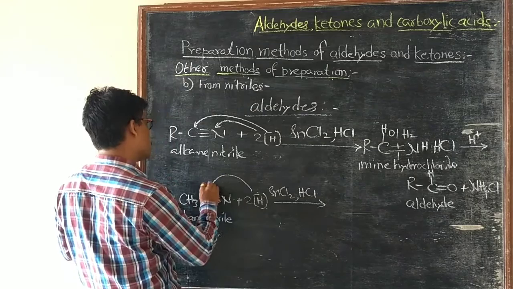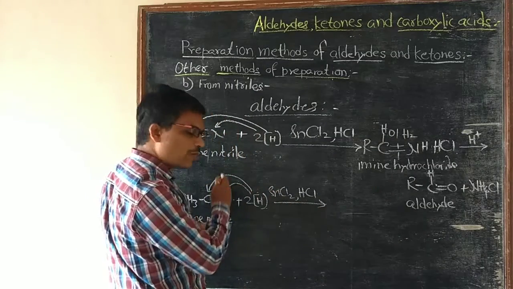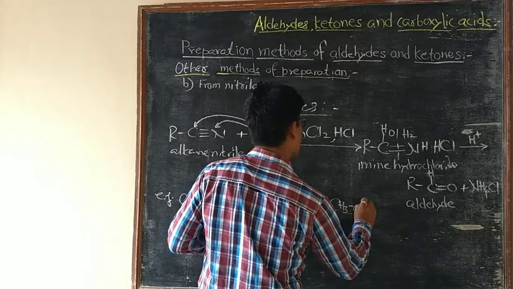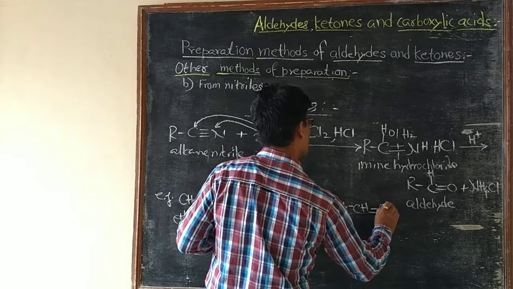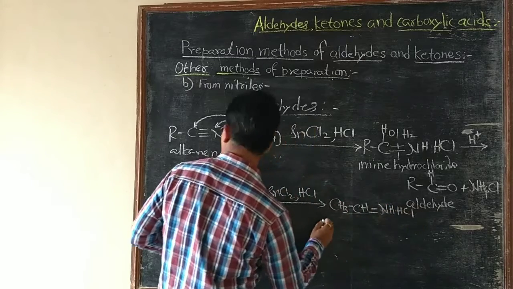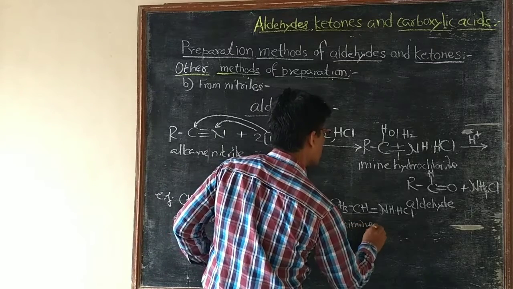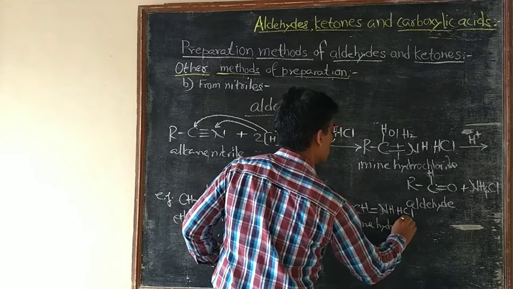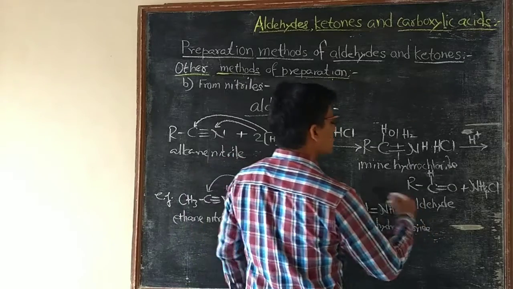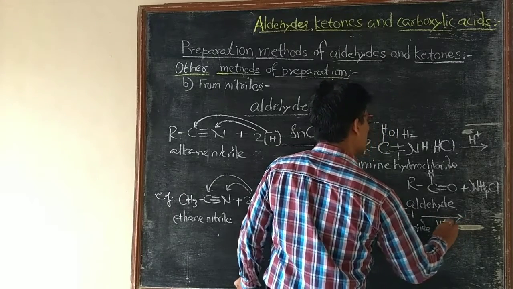That is, one hydrogen goes to carbon, another hydrogen goes to nitrogen to form its imine hydrochloride. This imine hydrochloride further undergoes hydrolysis in presence of H plus.